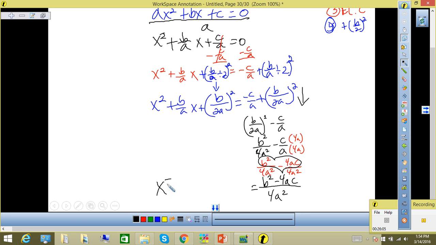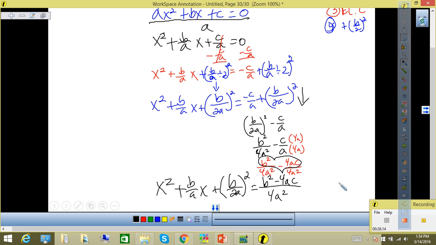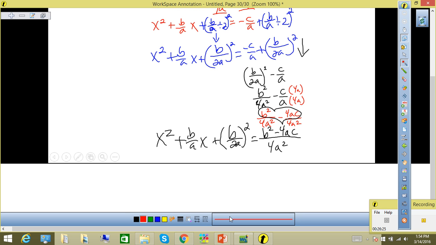We have x squared plus b over ax plus b over 2a squared. Now we're going to step 5, which is factor. How do I factor from here?